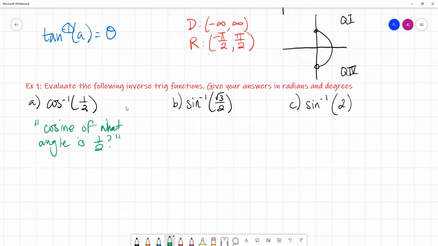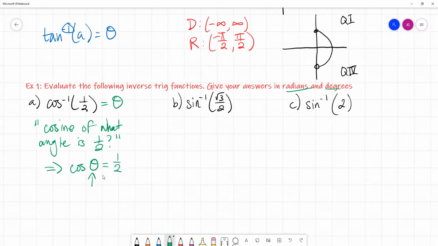I can write a little theta right here, because that tells me I'm looking for an angle. My answer needs to be an angle in radians and degrees. So I want to rewrite it like this: cosine of what angle is equal to 1/2. Our target is to find this theta.